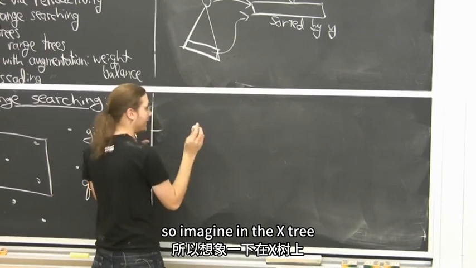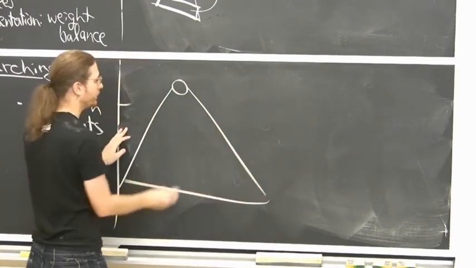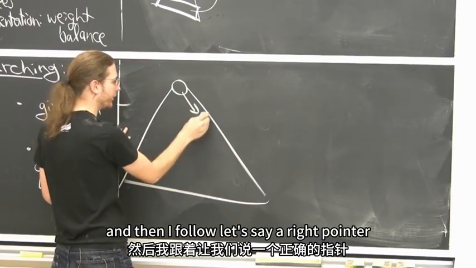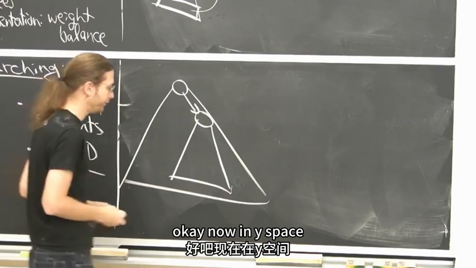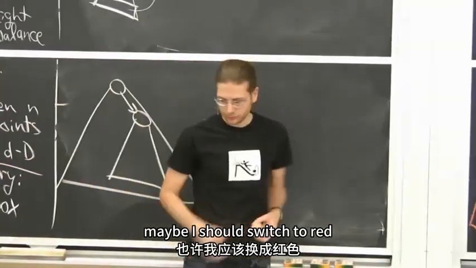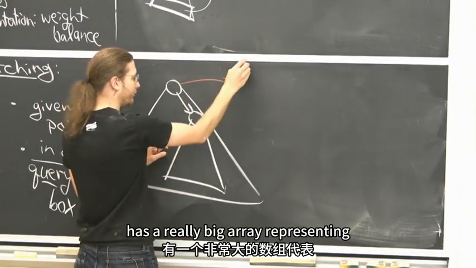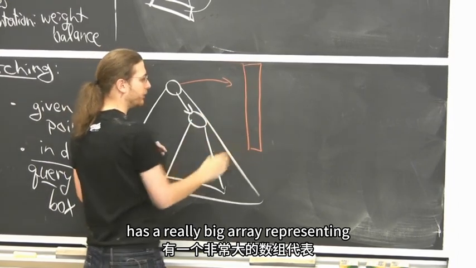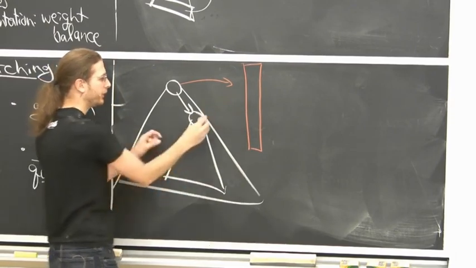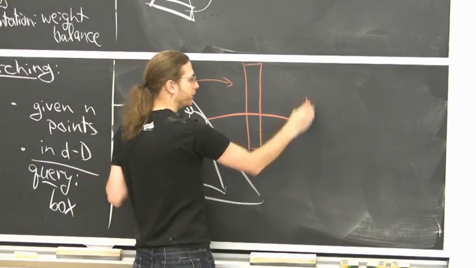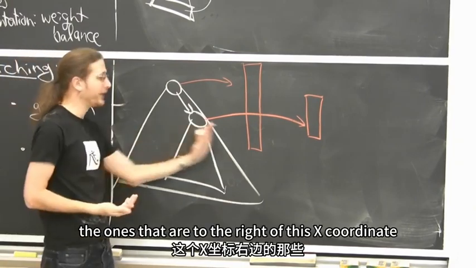Imagine in the x tree, I'm at some node, and then I follow, let's say, a right pointer to the right child. Now in y space, maybe I should switch to red for y space. This guy has a really big array representing all of the nodes down here, sorted by y coordinate. This guy has a corresponding array with some subset of the nodes. Which subset? The ones that are to the right of this x coordinate.